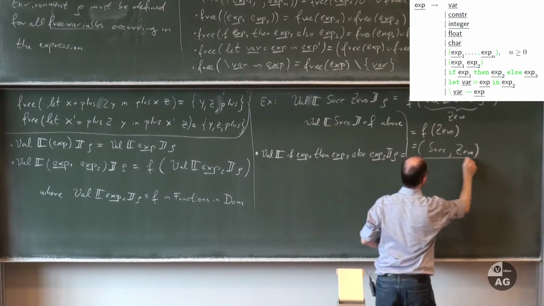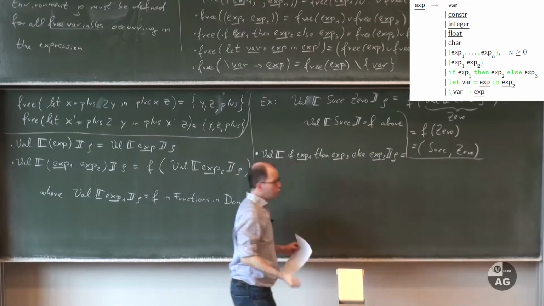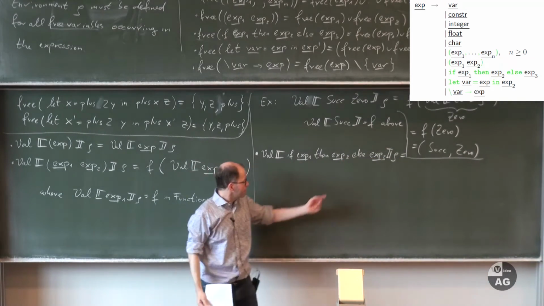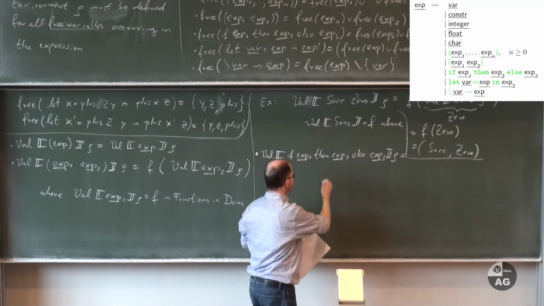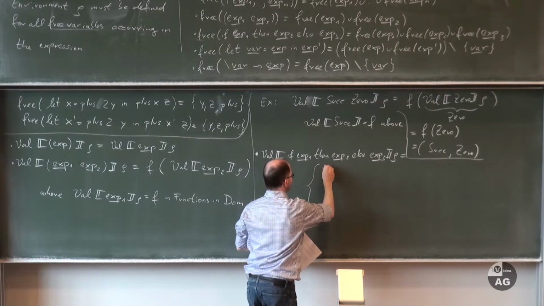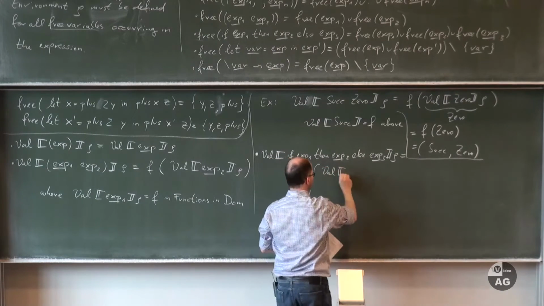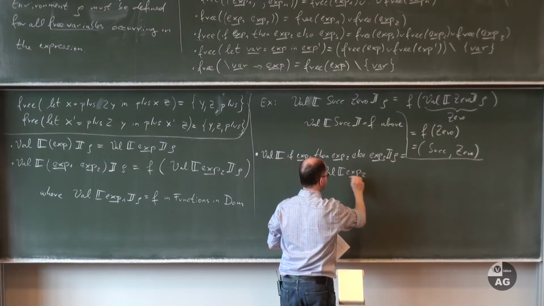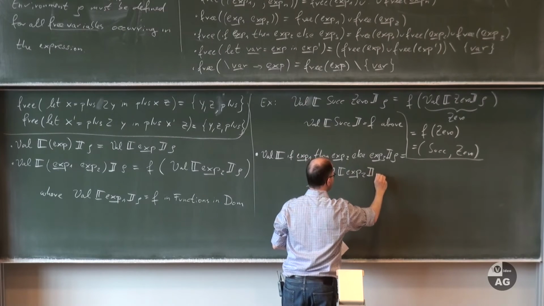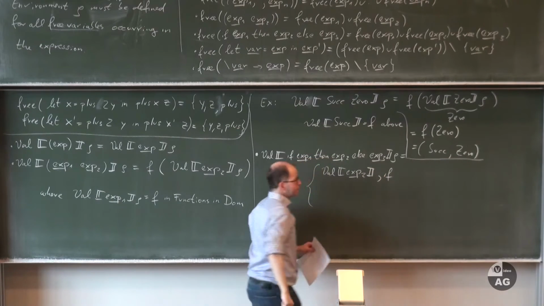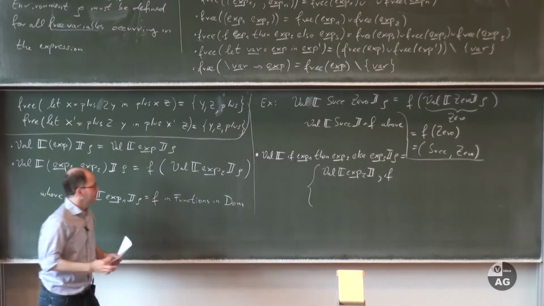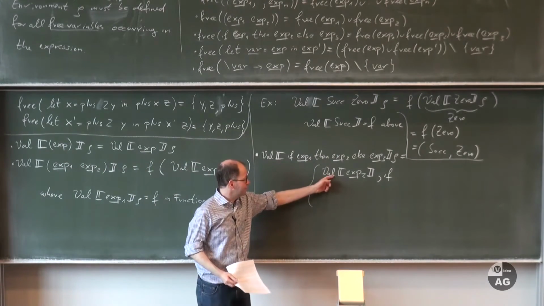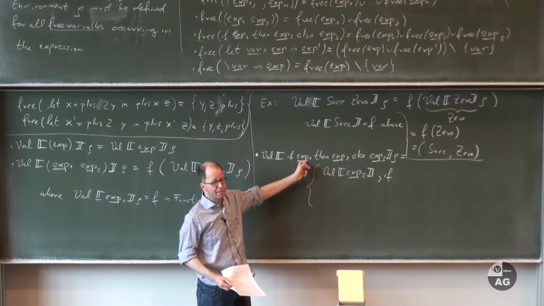Well, there are two possibilities. Either it's the semantics of x2 or the semantics of x3. And when is this the case? Well, to find out, we have to look at the semantics of the condition.